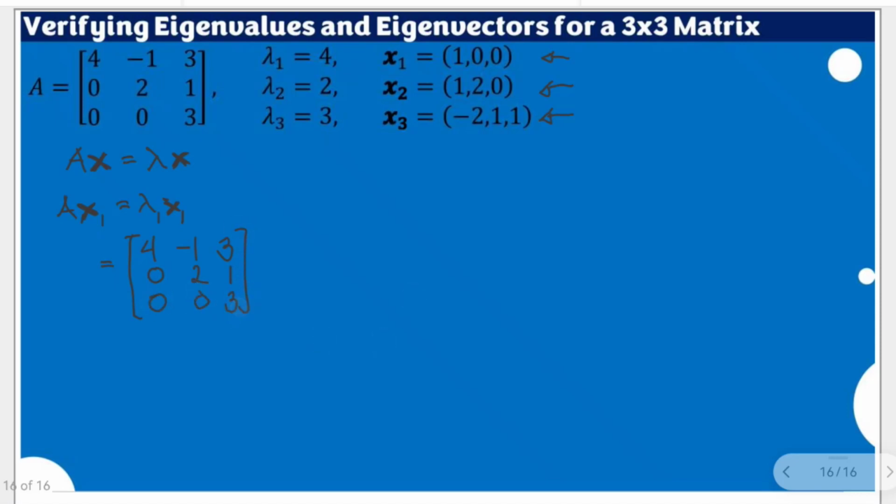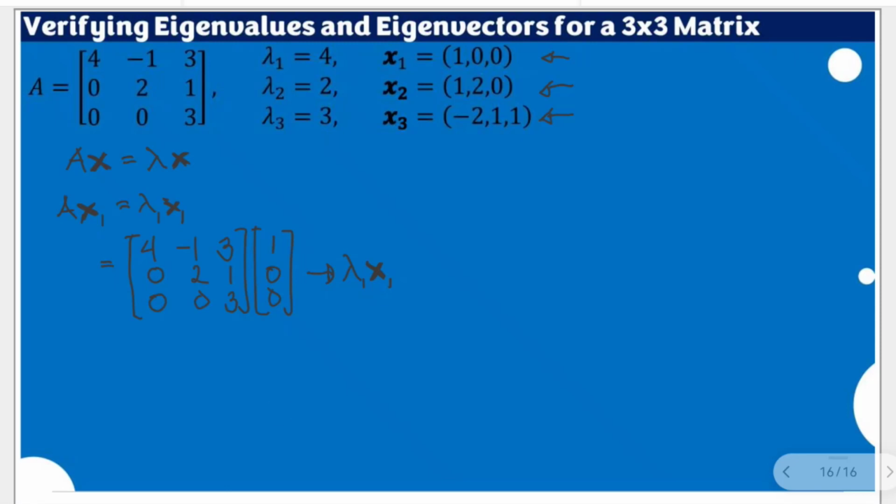To be multiplied with our first vector, we have 1, 0, and 0. After the result of this, let's see if we could rewrite this as the product of the corresponding lambda times the same vector. And if we could do that, then the pair of lambda value and vector is a pair of eigenvalue and eigenvector of matrix A.